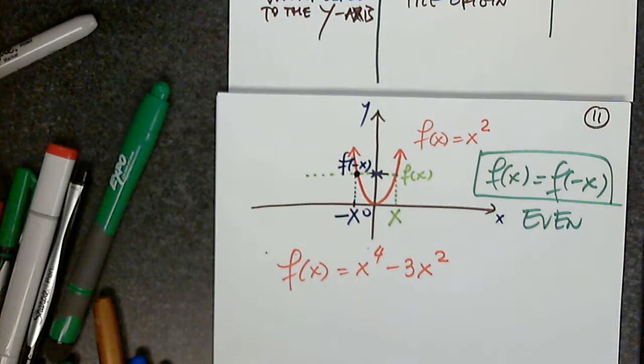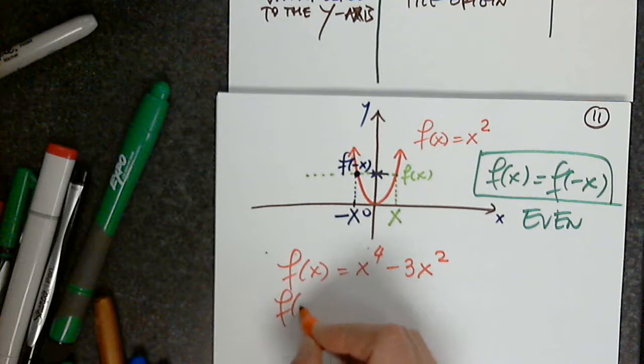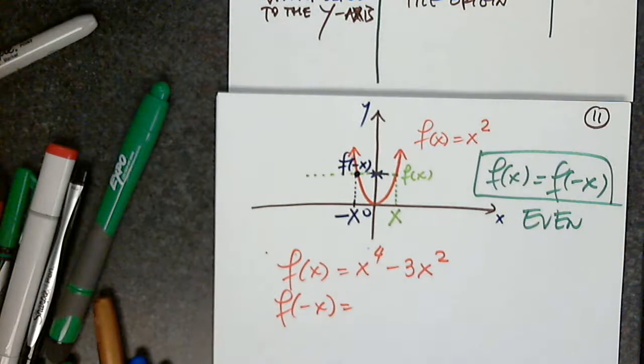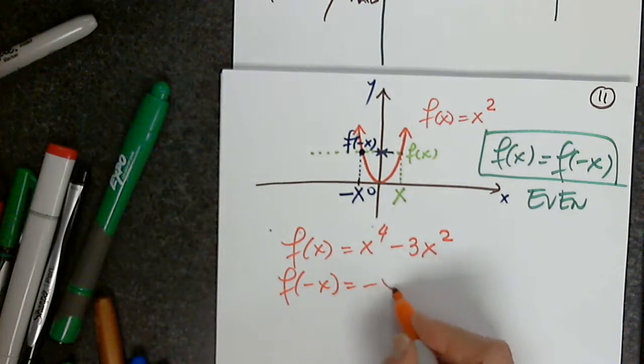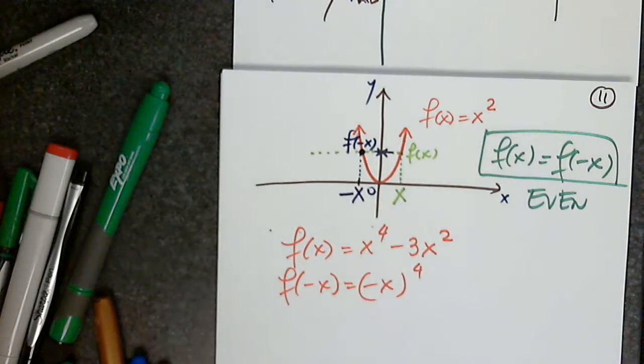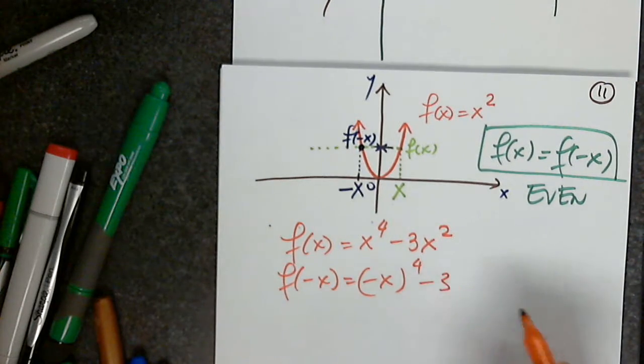What do you think? Exactly. I find f of negative x. And if it equals what? The original function, then what do I conclude? Exactly. So plug it in. Tell me how to plug it in. Exactly, with parentheses. Careful. Minus.